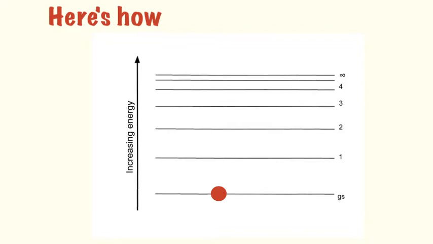Now all the lines above that correspond to subsequent energy levels it could exist on if it had the right amount of energy. Each one away from the ground state requires more energy: 1 requires the electron to have more energy than the ground state, 2 requires more energy still, then 3, 4, 5, etc.